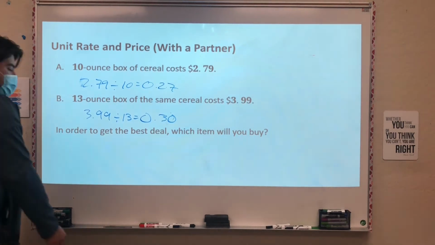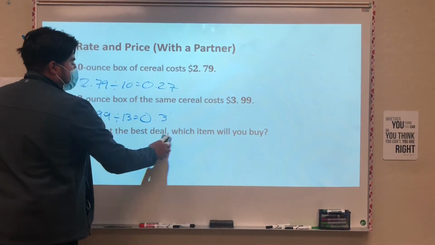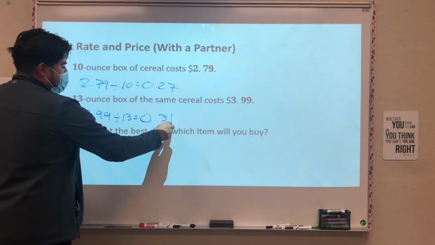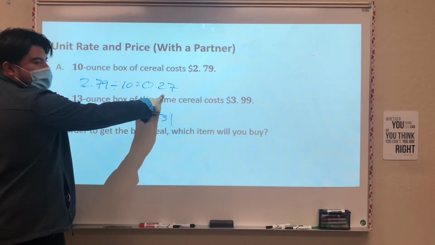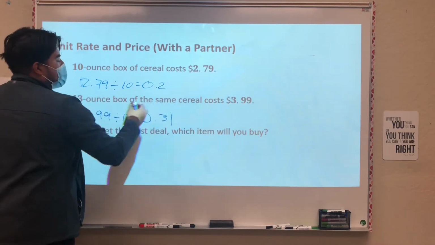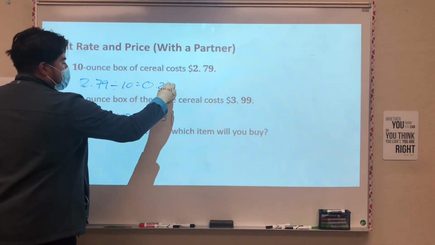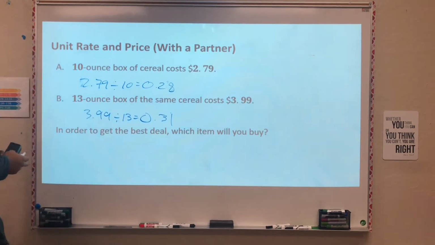But we're talking about money. So with money, we're used to seeing that rounded. You said it was 0.279, so that would go up to 0.28.